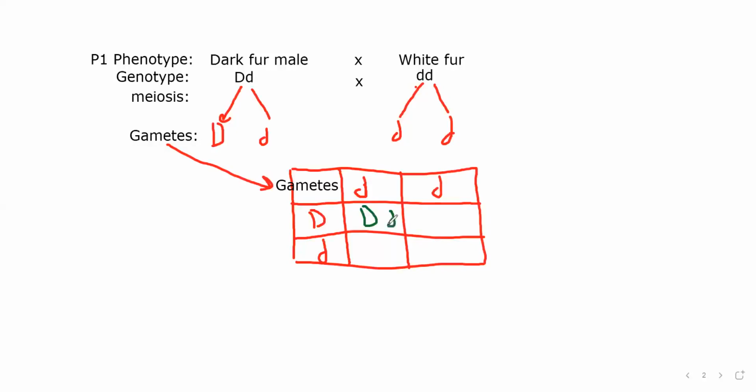So that's what I'm going to write in there. And this box here also represents a cross between this one and this one. So I'm going to do again the same. Capital D and lowercase d. And here is going to be a cross. This box is between this one and this one. I'm going to put the outcome.